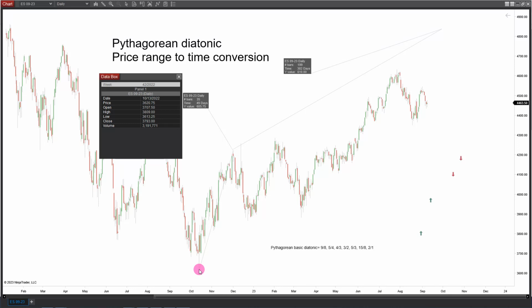Instead of using that 4-digit number, we're going to make that a 3-digit number of 361.325. You can see that's very close to the 360-degree circle, so our numbers are going to be very close to the Gann emblem ratios.